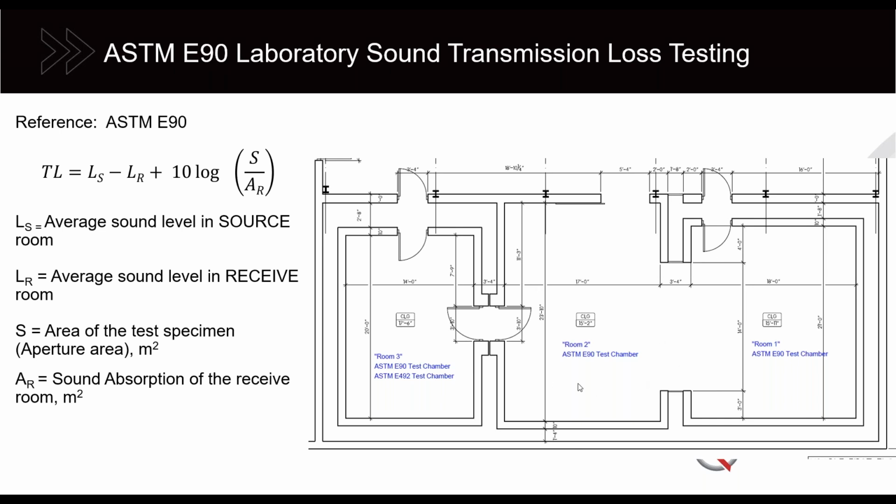And the sound level reduction through that sample of that size is determined using this equation here. So the transmission loss is the source level minus the receive level, with that correction I mentioned before for area and sound absorption.